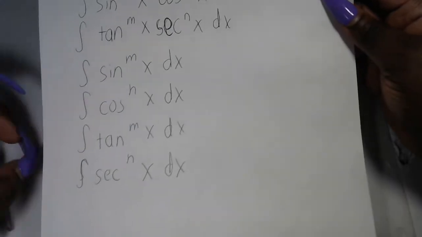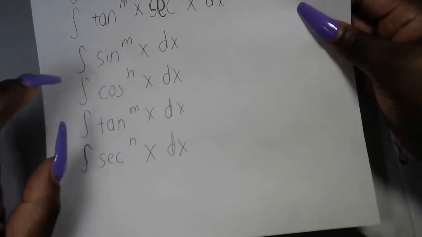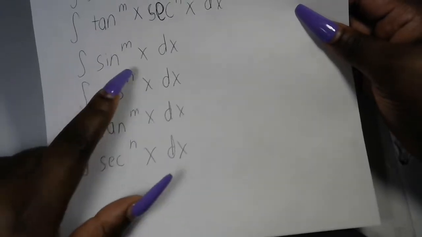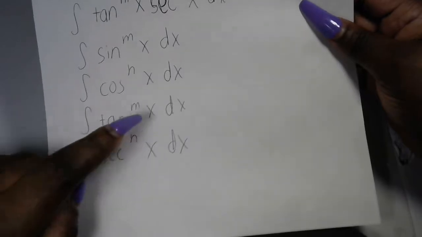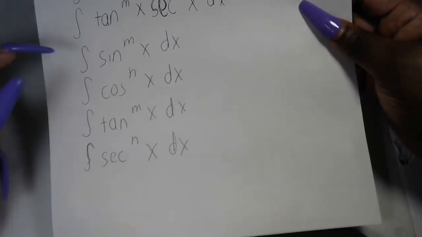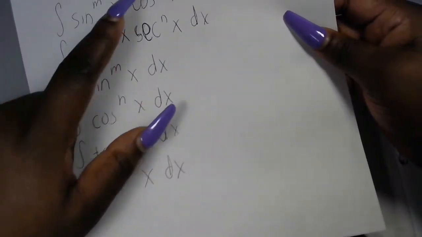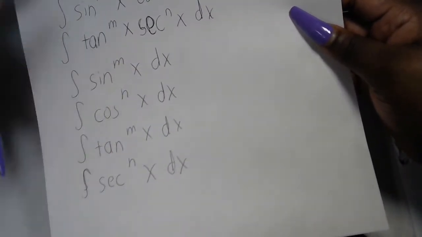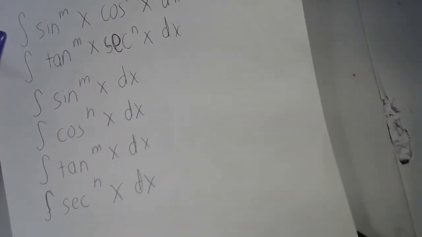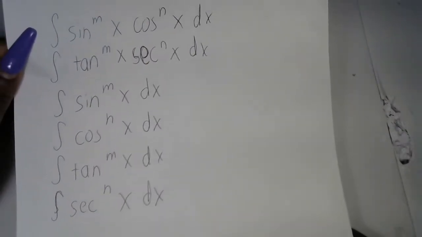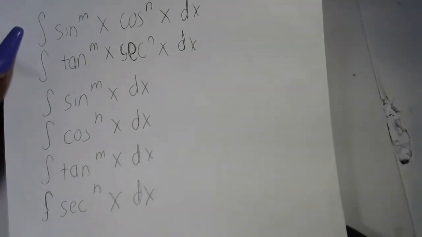Also, integrals like sine x to the n power dx, cosine x to the n power dx, tan x to the n power dx, and secant x to the n power dx. All the powers are going to be greater than or equal to 1. Usually greater than 1, but it could be equal to 1. That's why I said higher powers.